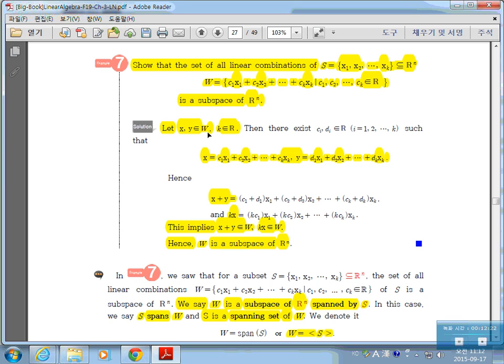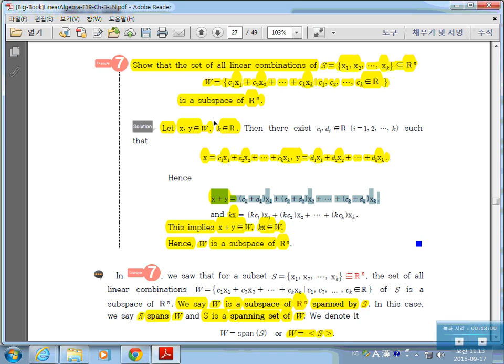So choose two vectors X and Y from W and a scalar K from R. Since W is the set of linear combinations, X can be written as a linear combination of xi's, and Y can be written as a linear combination of xi's, like this. So there exist Ci's and Di's. Then the addition of those two vectors can be written in this way, which is another linear combination of xi's.